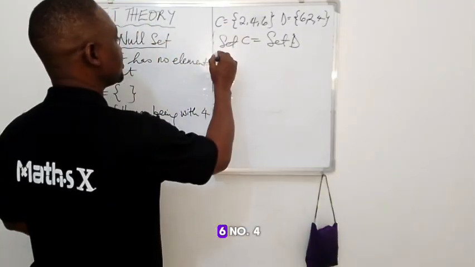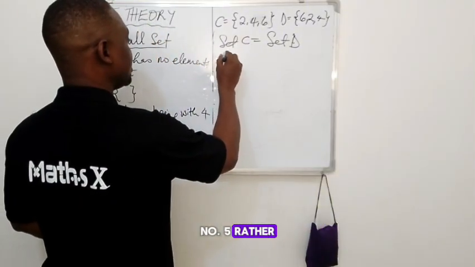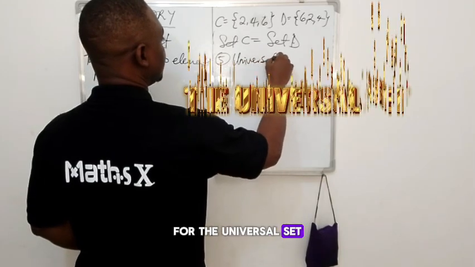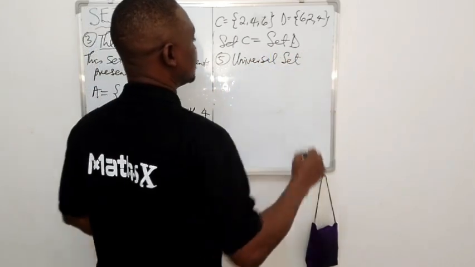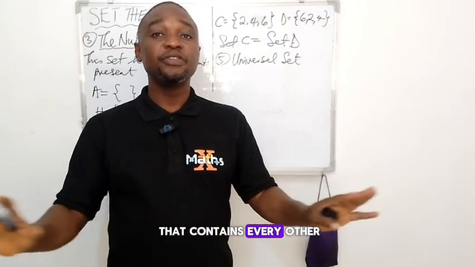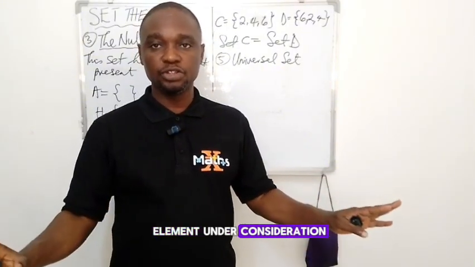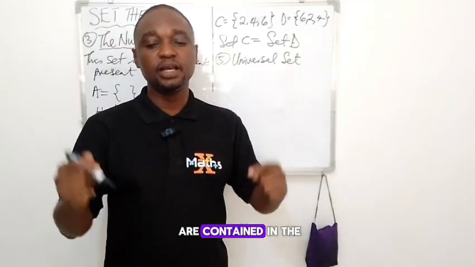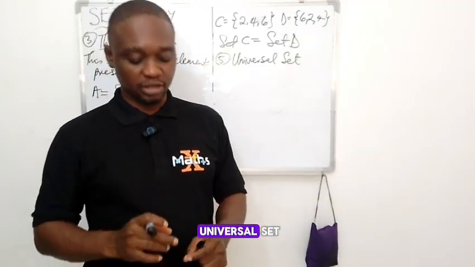The next set I want us to consider is called the universal set. And that is number 5 rather. For the universal set, this is a set that contains every other element under consideration. All elements under consideration are contained in the universal set.